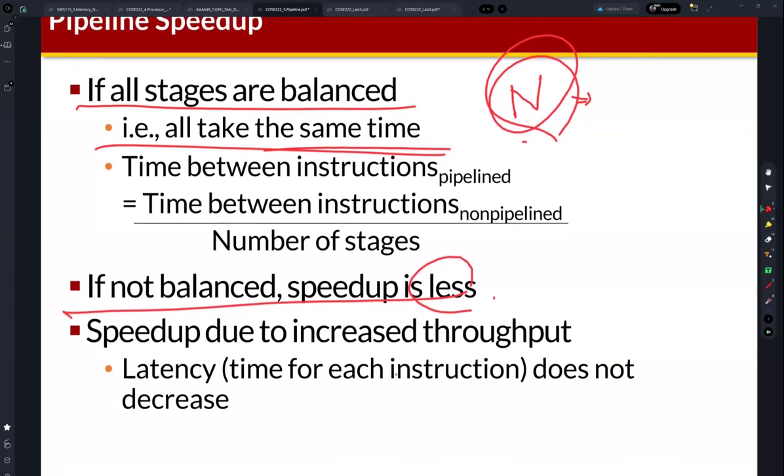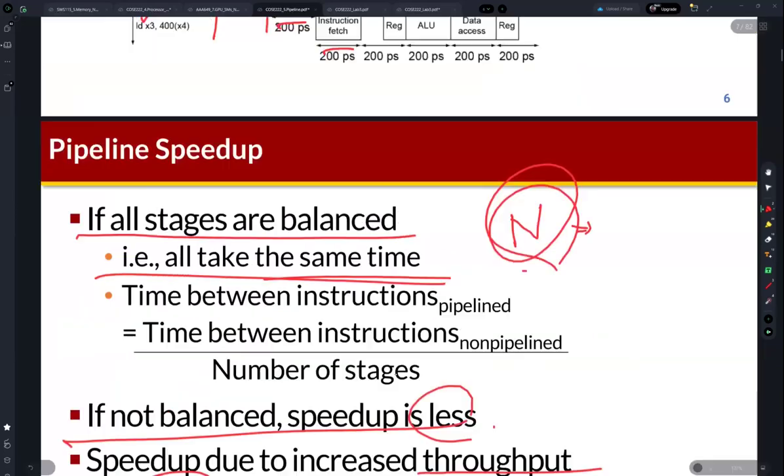Then the speedup is due to increased throughput, not latency. Because what is the latency? The time gap between the start of a task and the end of a task, right? So if we check the execution time of a single instruction, then the latency can be, in the best case, the same, or the latency can be increased, right? Like this example.